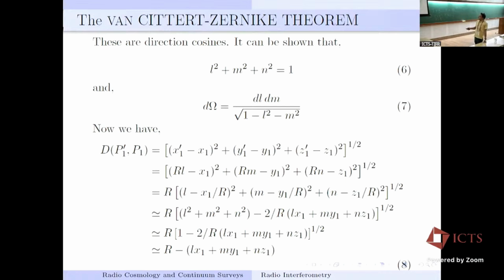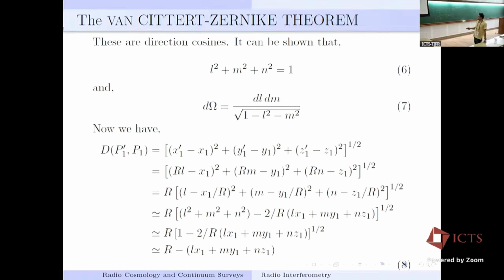Okay. So there will be this R square here, R square here, so I can take this out. If I take R out of here, we get L minus x1 by R whole square, M minus y1 by R, N minus z1 by R whole square. If you do the square, L square will come from here, M square from here, N square from here.